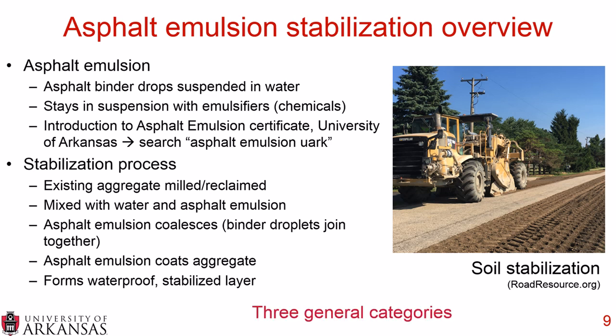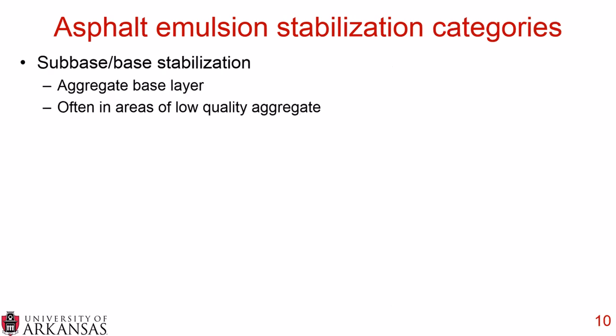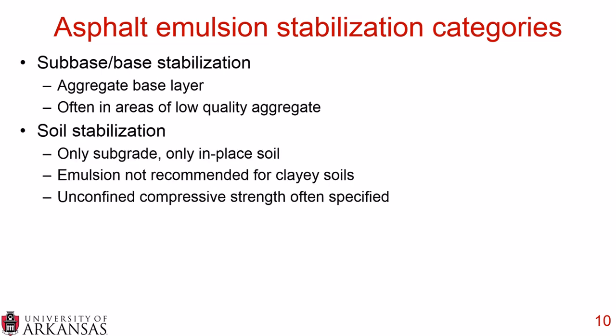And there are three general categories that we look at. The first asphalt emulsion stabilization category is the subbase or the base stabilization, and this is where you have your aggregate base layer, and it's often used in areas where you have low quality aggregate. We have soil stabilization, which is only the subgrade, only in-place material.